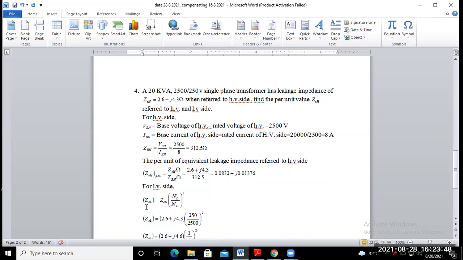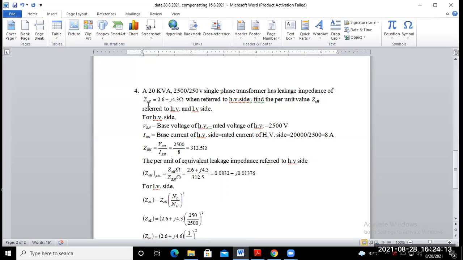Here the impedance is given on the high voltage side, so we require to transfer this impedance to the low voltage side. So how can we transfer it along to the low voltage side?